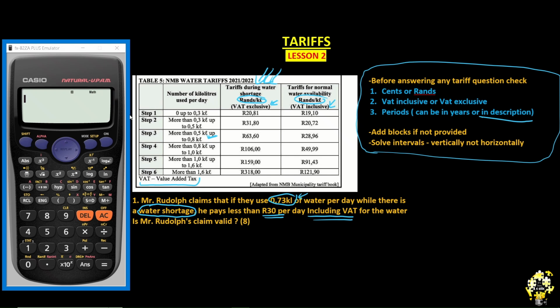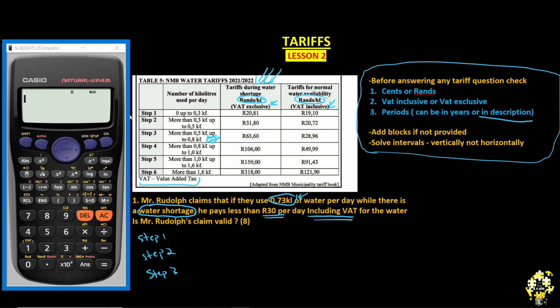We can say with confidence, look at this, now look at this. Step 1. Step 2. With confidence, we know that this is where we are going to end. Why? Because we have determined that 0.73 kiloliters falls under category or step number 3.